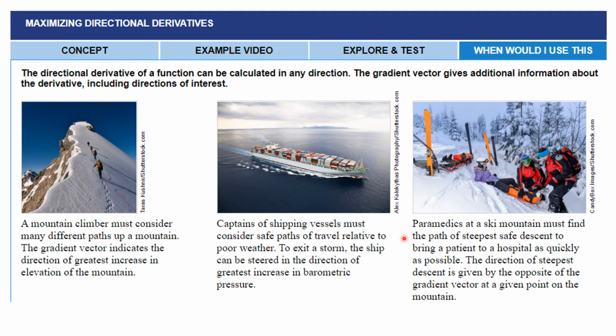The direction of steepest descent is given by the opposite of the gradient vector at the given point on the mountain, and that's because of the definition of absolute value. And so they can determine that and use the steepest of those that is safe.